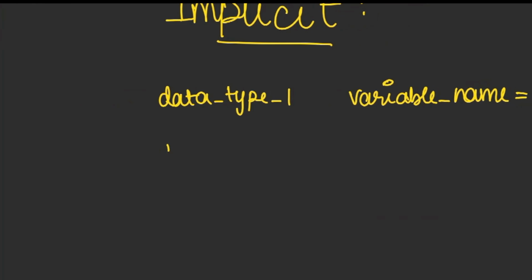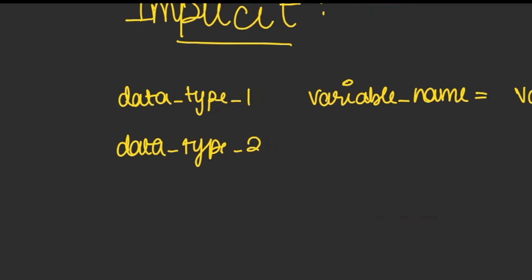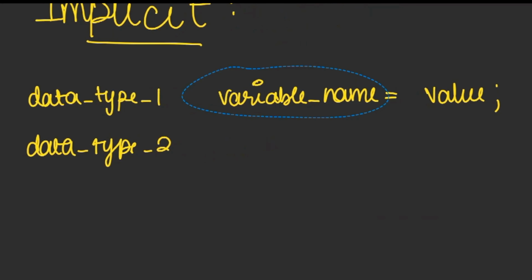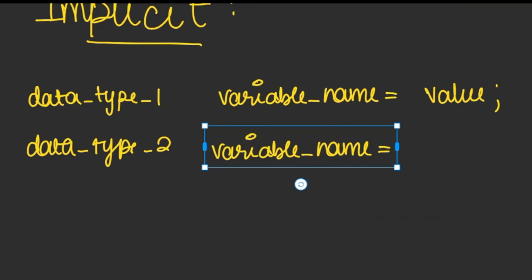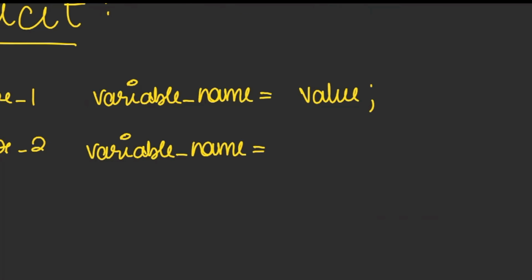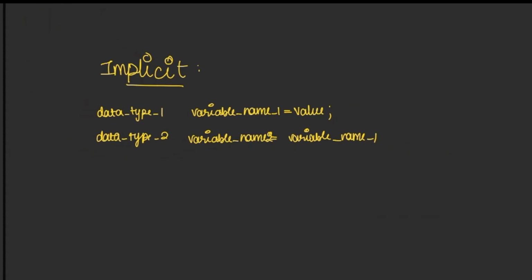And then data type 2, variable name again, equals, I'm going to name this as variable name 2, okay? Variable name 1. This is variable name 1. So you have to remember in this case, data type 1 is going to be smaller than data type 2.